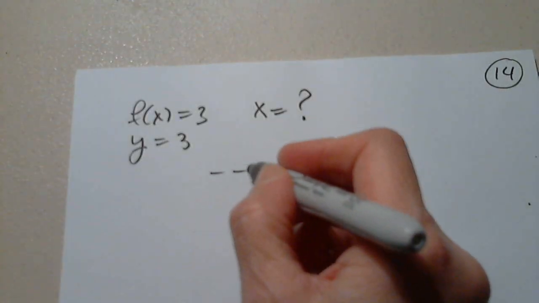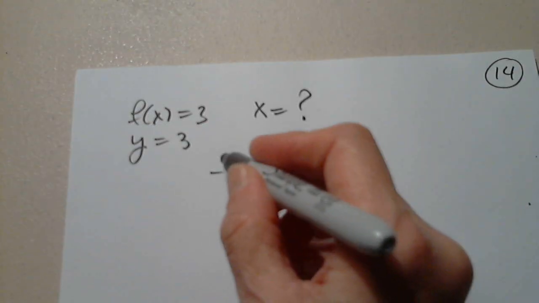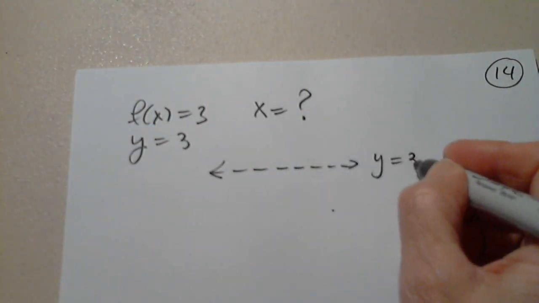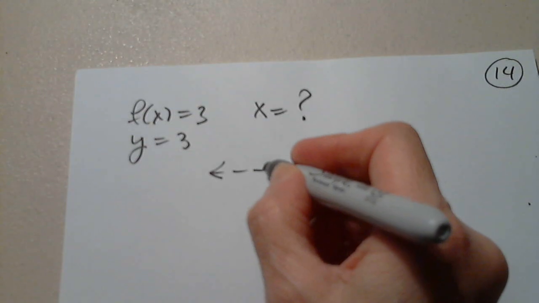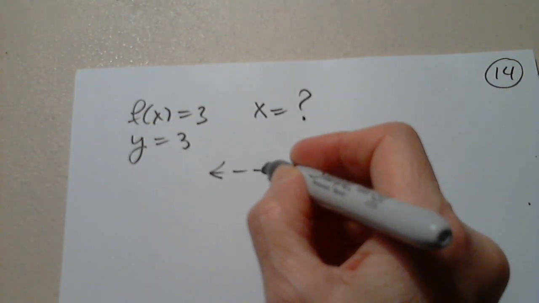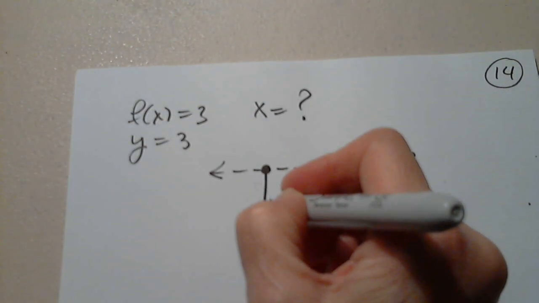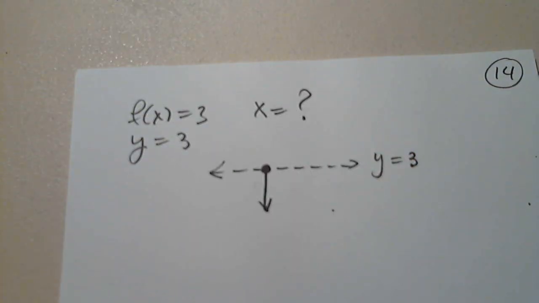So this is y equals 3. I have to imagine that I draw a horizontal line, y equals 3, and see where it crosses the graph of the function and read the corresponding x value for that point.